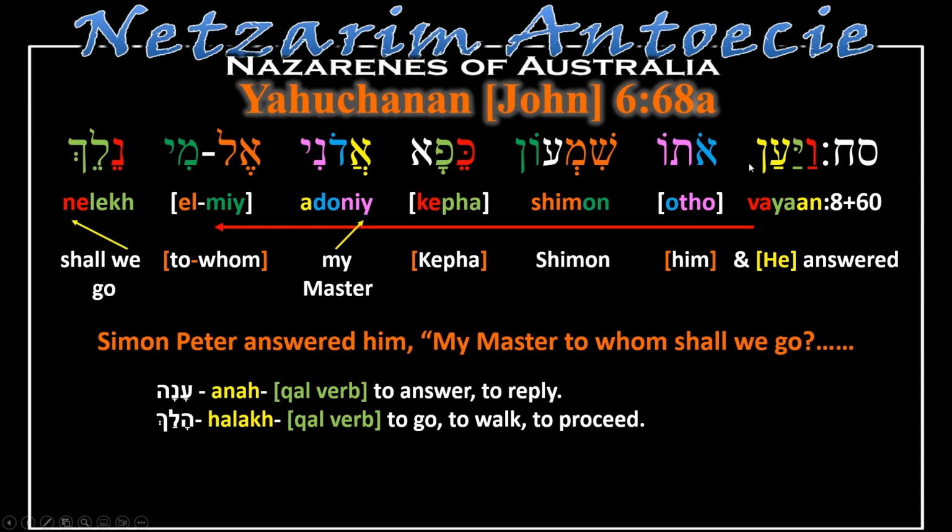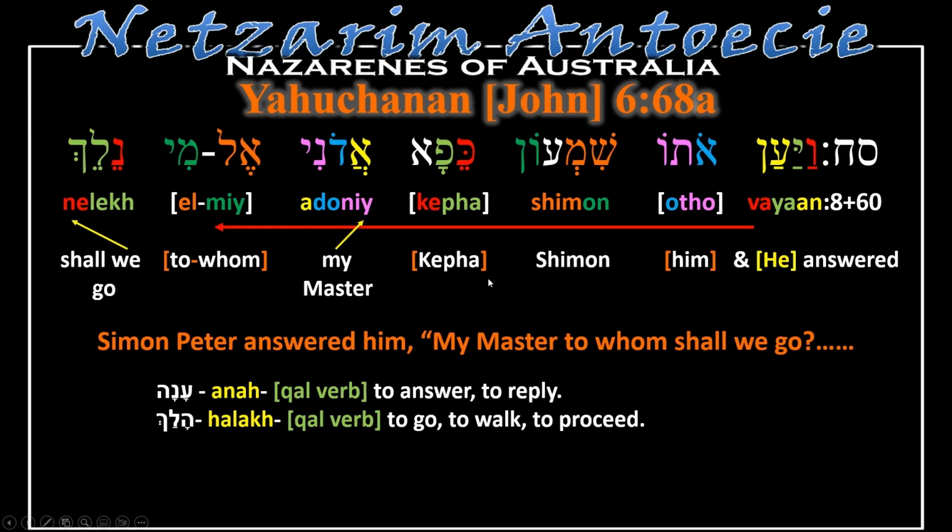And of course the hey is dropped off because it's a weak letter. And he answered, oto, meaning him. And then we talk about who is him. Shimon, meaning Shimon or Simon in the English.